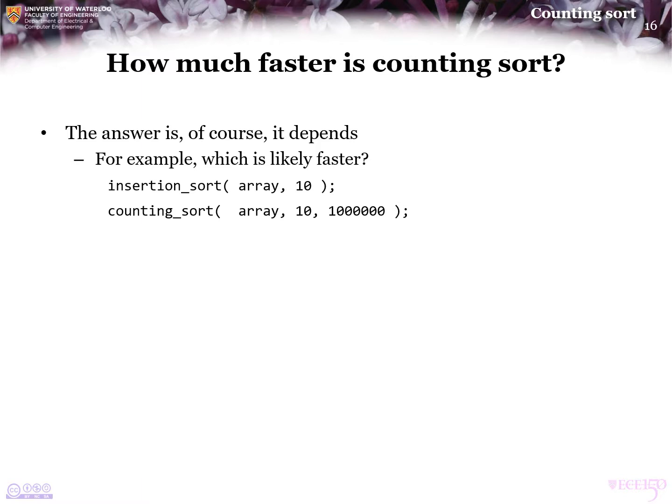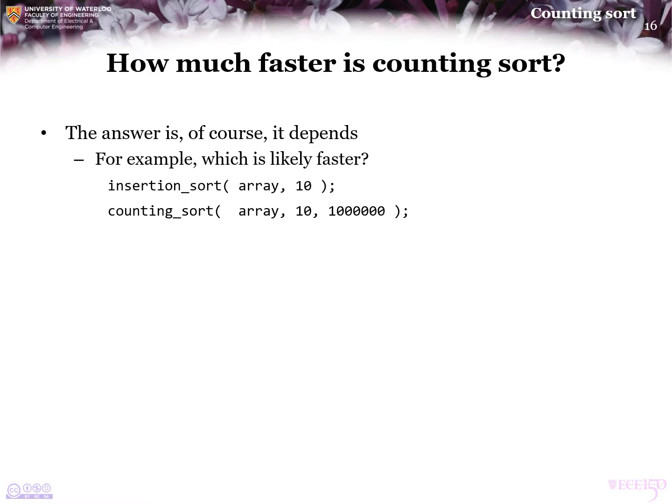If, however, we were sorting an array of capacity 10 and the possible values in that array range from 0 to 1,000,000, if we were to call counting sort on this, this would require us to allocate memory for an array of capacity 1,000,001, initialize all the entries in that array to 0, and then, well, going through the array and incrementing the values isn't bad.